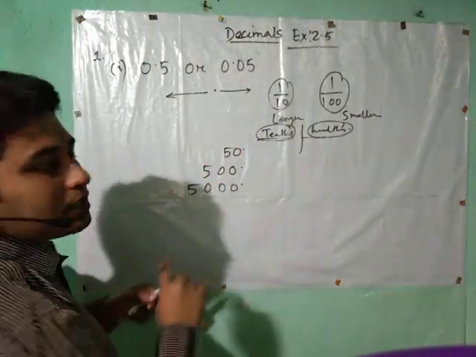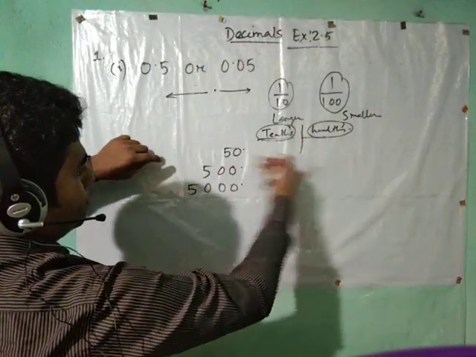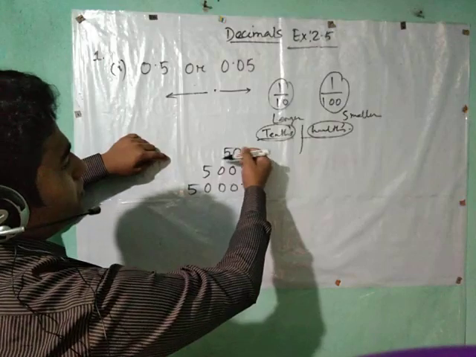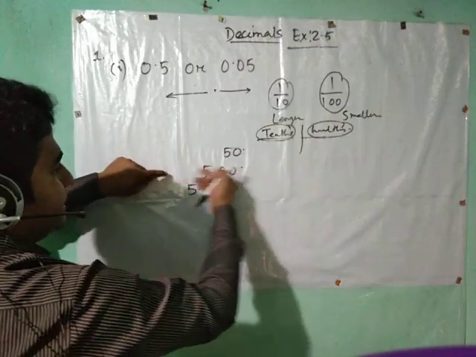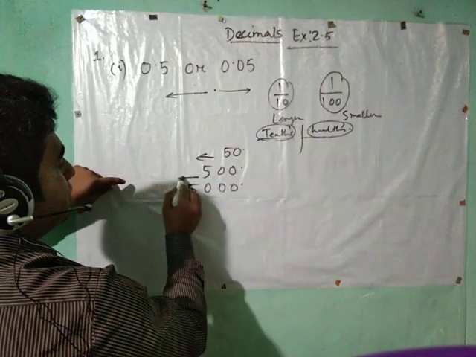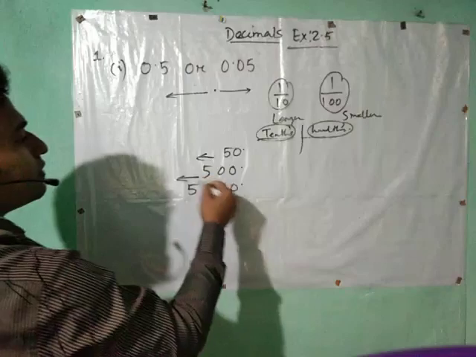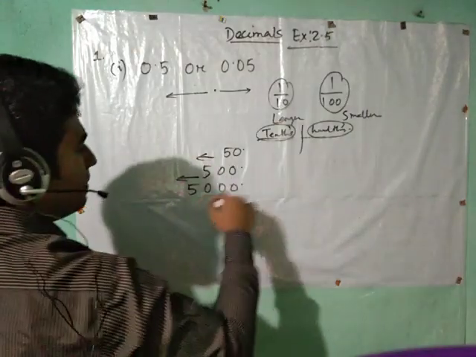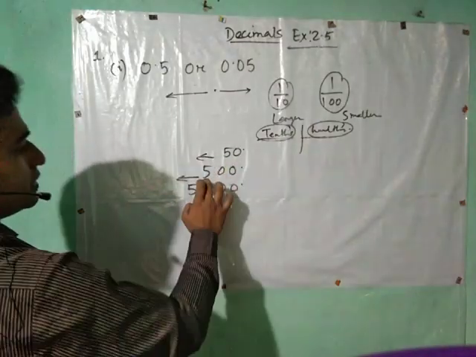Now what I am doing, I am just pushing, or shifting, this 5 towards left, here also towards left. Each time I shift towards left, if you look at the value of these numbers, this is only 50, this is 500.